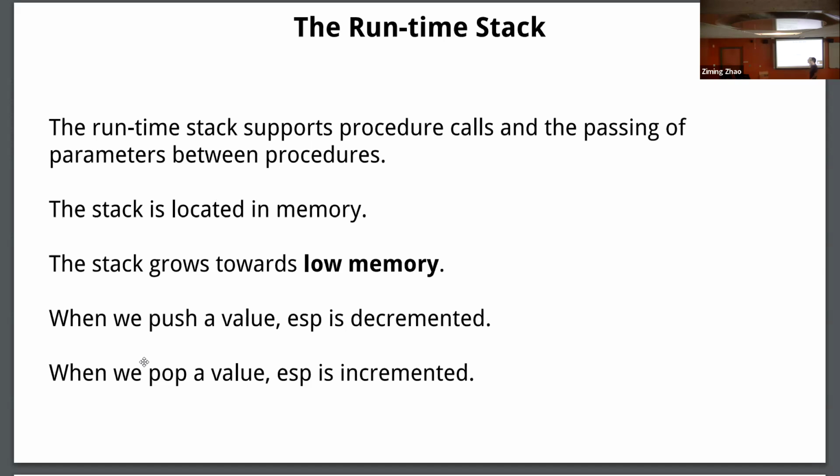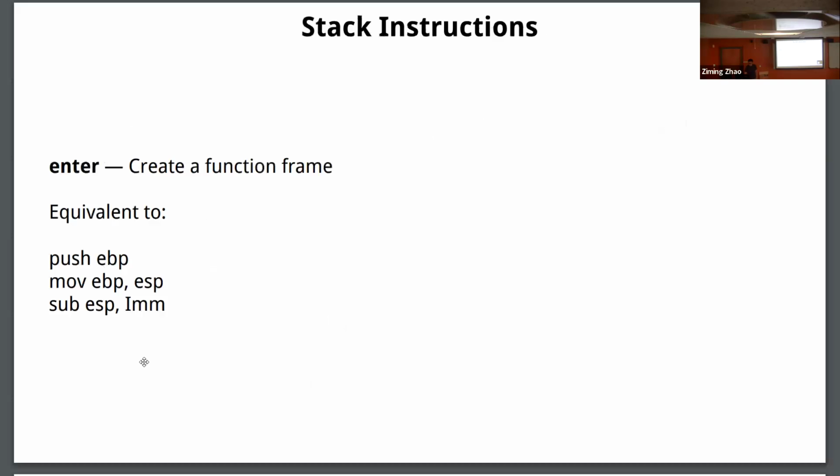Because the stack grows towards low memory, when you push something, you are adding something to the stack, and the ESP actually decrements, because it grows to lower memory. When we pop something, ESP is incrementing. I will have some animations later to show you this.